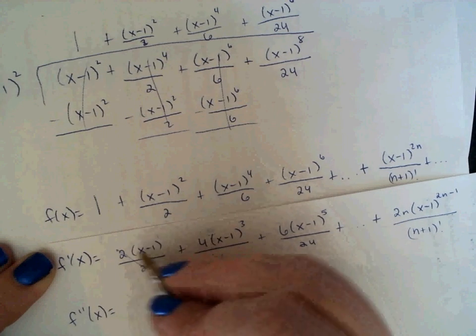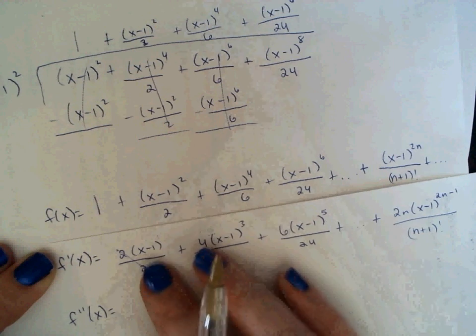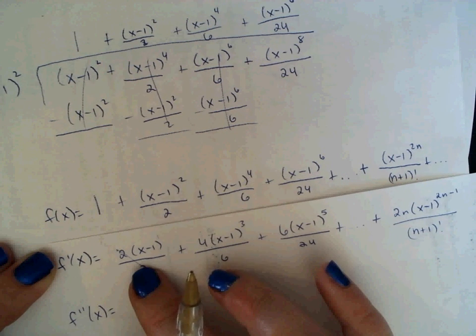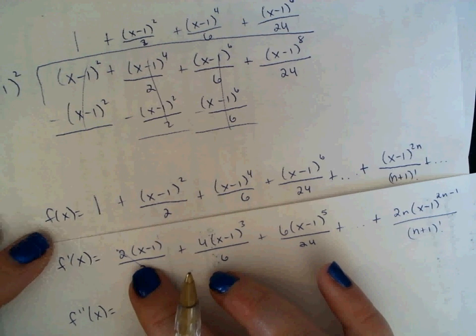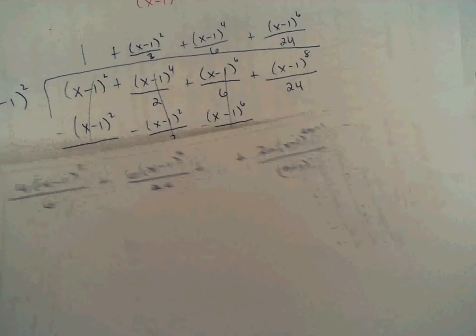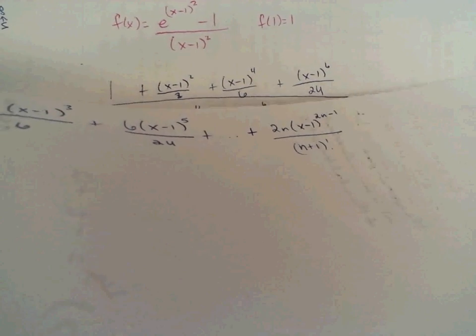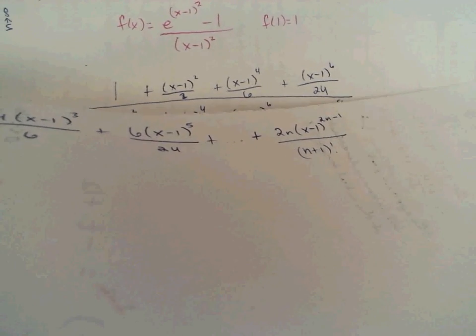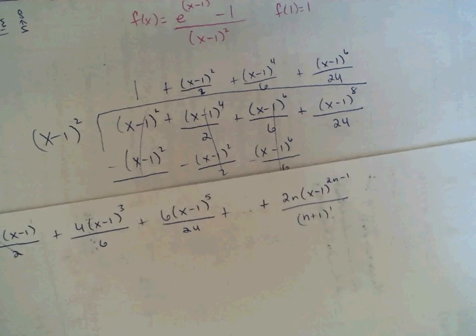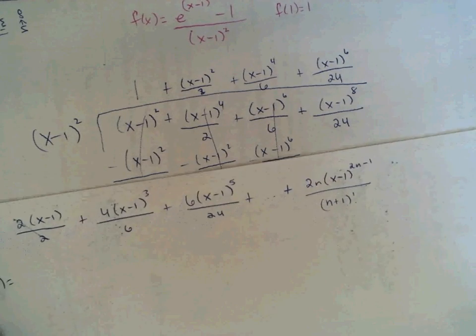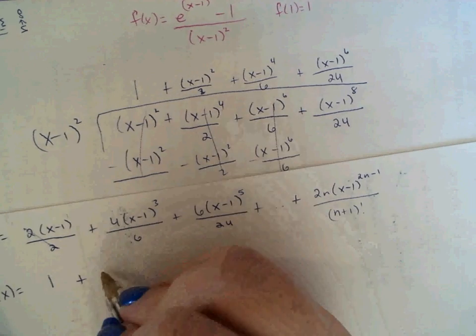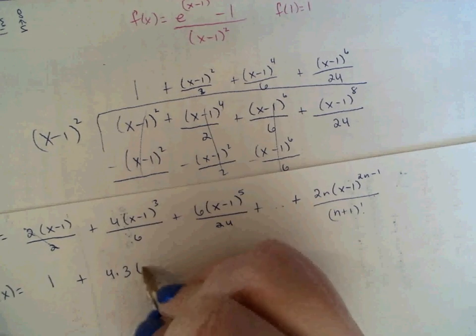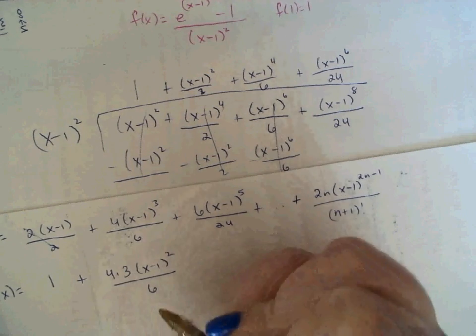Okay, let's find the second derivative. So this is a power of 1. If I bring that down, then this becomes (x minus 1) to the 0 power, which just becomes 1.